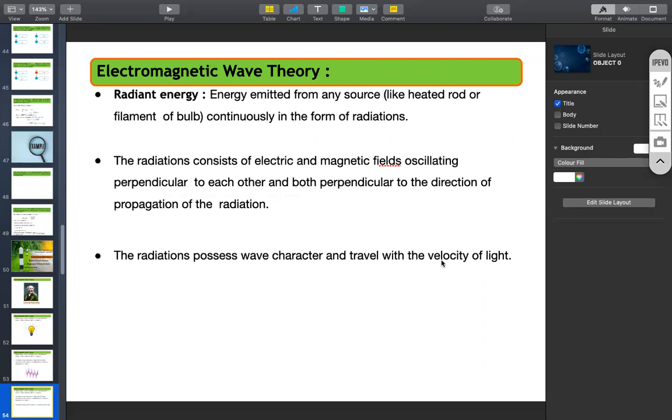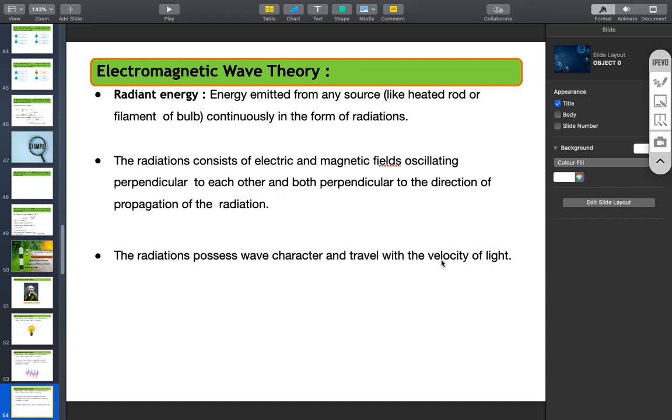Does it require medium? What is electromagnetic radiation? Filament of bulb or heater light, whatever the energy is given, that is called radiant energy and it is one form of radiation.